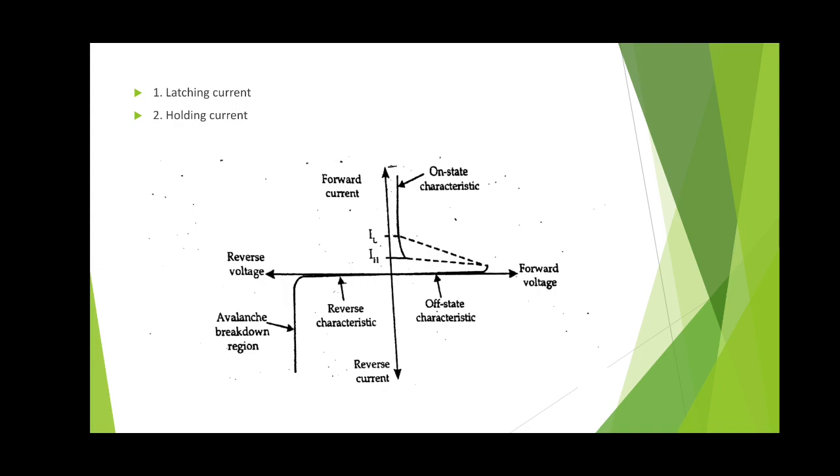So we define latching current as the minimum forward current. I am repeating these definitions because these are very important. Latching current is the minimum forward current that flows through the thyristor to keep it in forward conduction mode, that is in the on state, at the time of triggering.